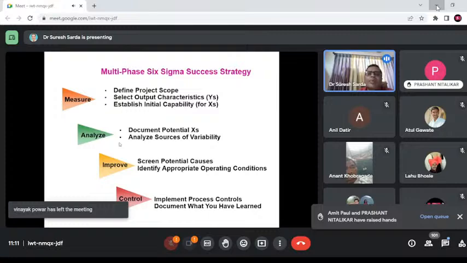Now this is the picture from which I will try to explain what is Six Sigma. At the bottom here there is a car, and LSL and USL, the difference between the specification limits, you can understand as a tolerance, or it can be treated as a road. So this is the road and this is your car.